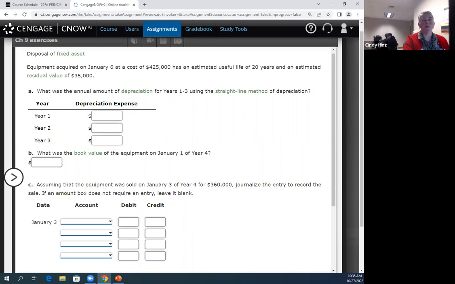I'm going to pause the recording and ask you to do part A and B on your own. This is review of what we've already done, calculating straight line depreciation and then the book value at the beginning of year 4. So please go ahead and do that on your own. Once you're done with that, go ahead and restart the recording if you're watching on.